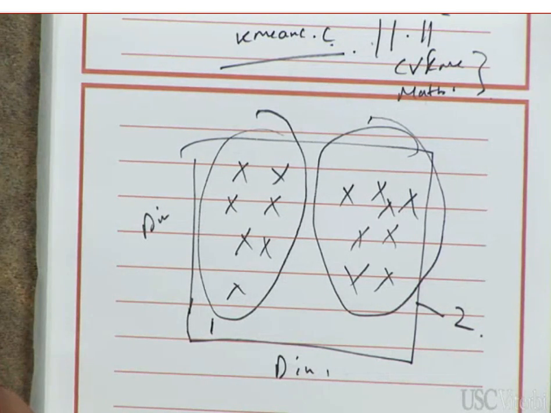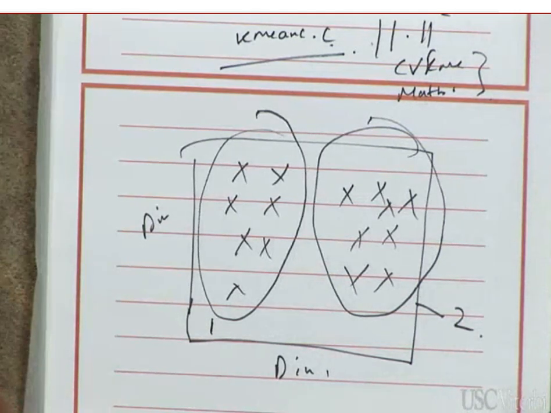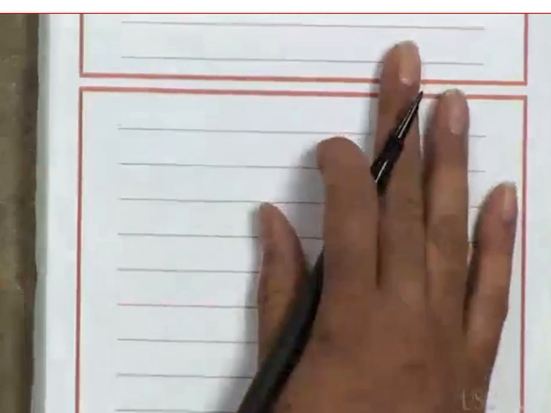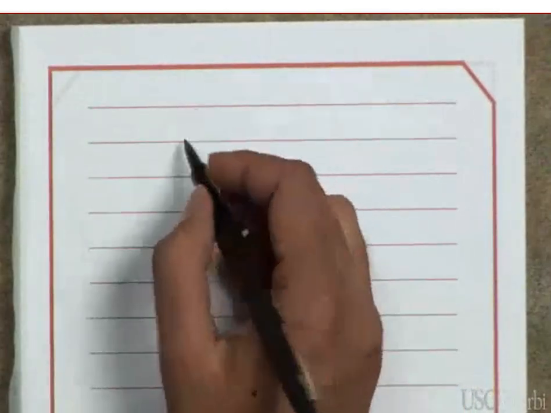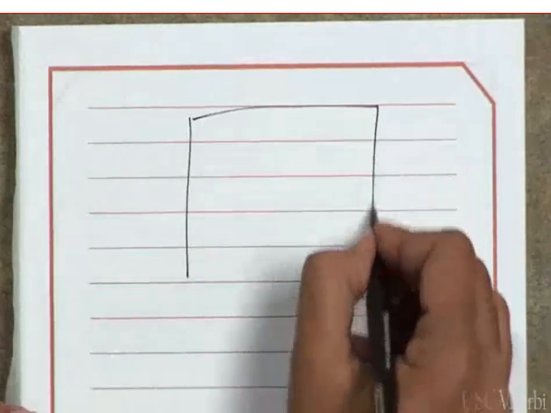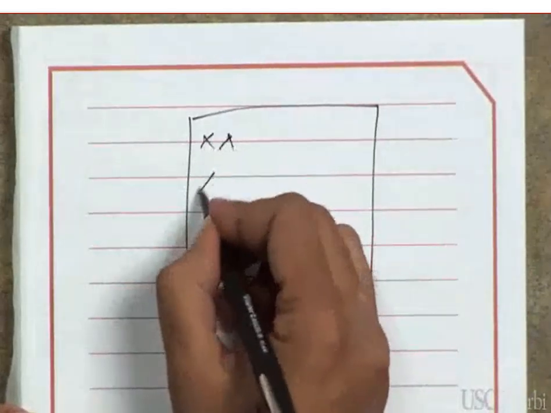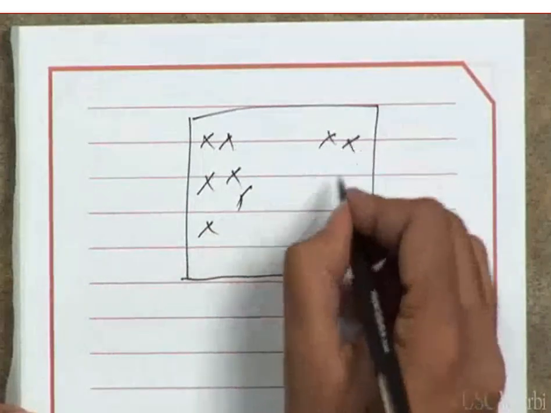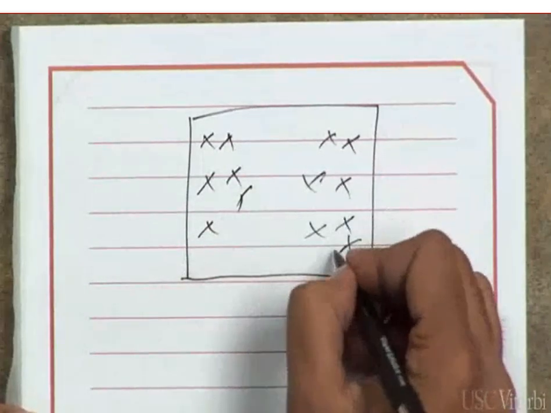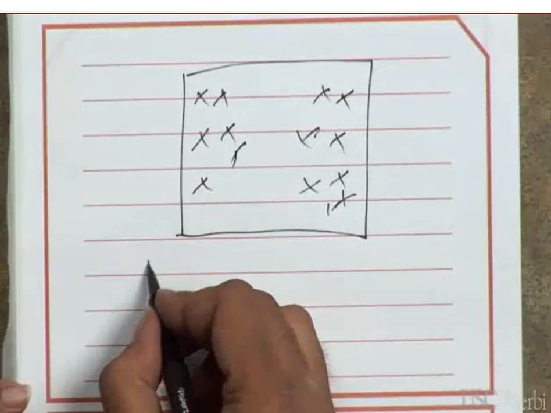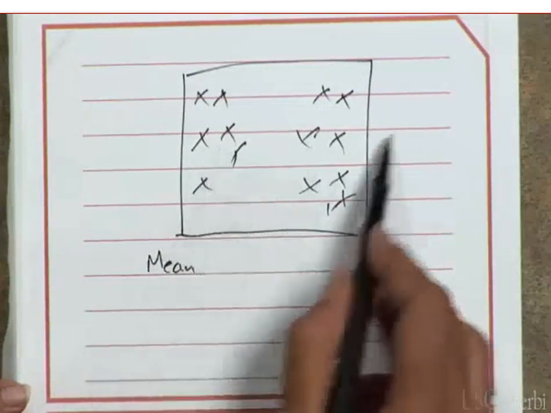You have to start somewhere, right? So let's say I calculate the mean of all these vectors, and mean is somewhere over here.